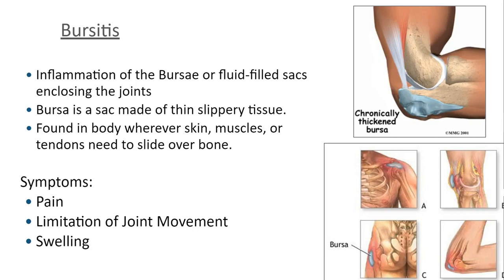So, to recap, a bursa is a sac made up of thin, slippery tissue in between the tendons and the bones. It's found in the body wherever skin, muscles, or tendons need to slide over that bone, so in movement. Symptoms include pain, limitation of joint movement or range of motion, and swelling.